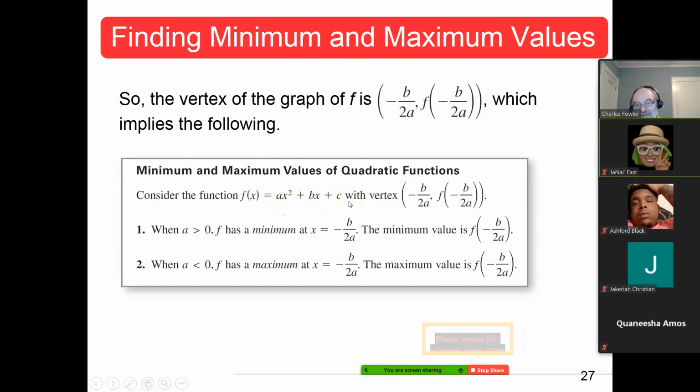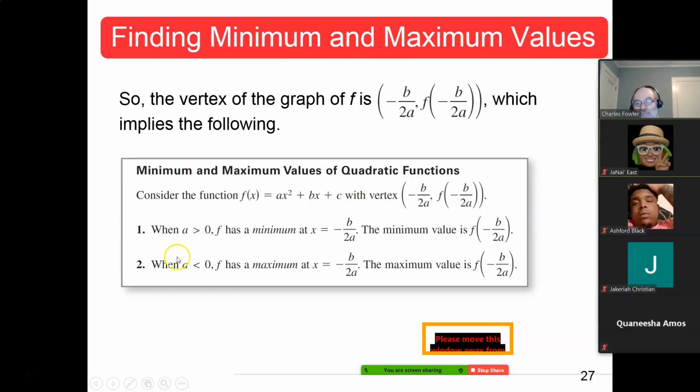We're used to that. And you know your vertex is minus b over 2a. Once you find that x value, your h value, plug that value in here and see what your y value, your k value, is.